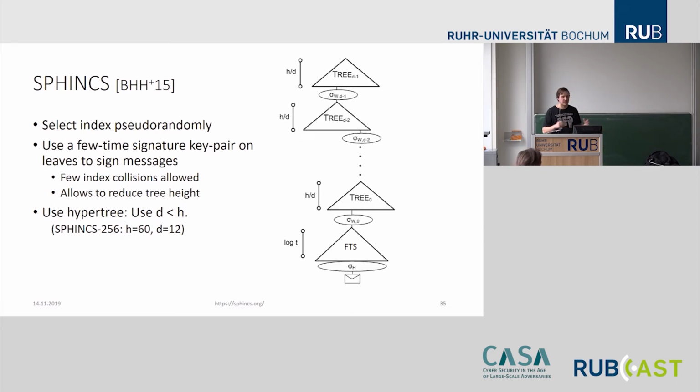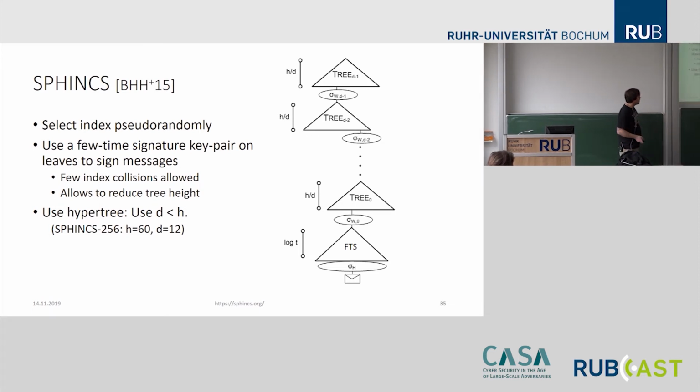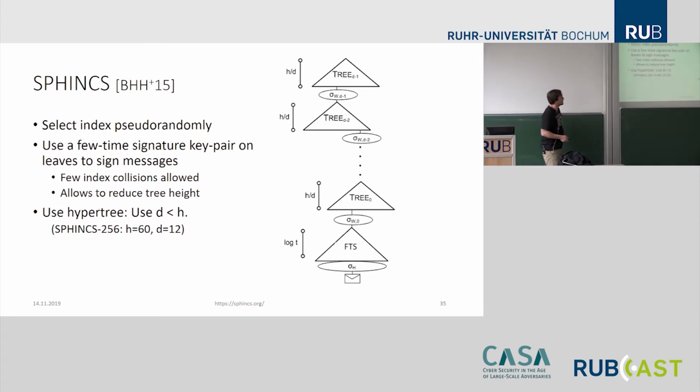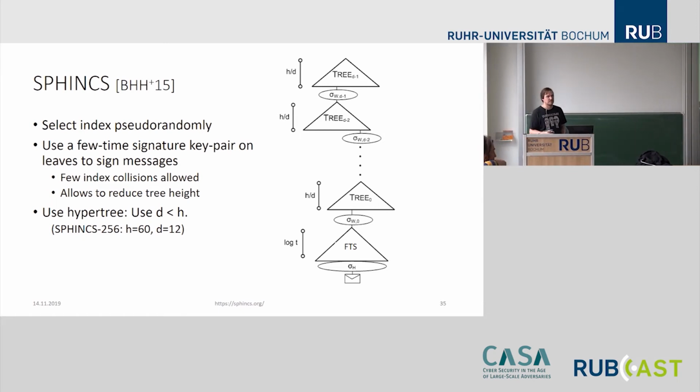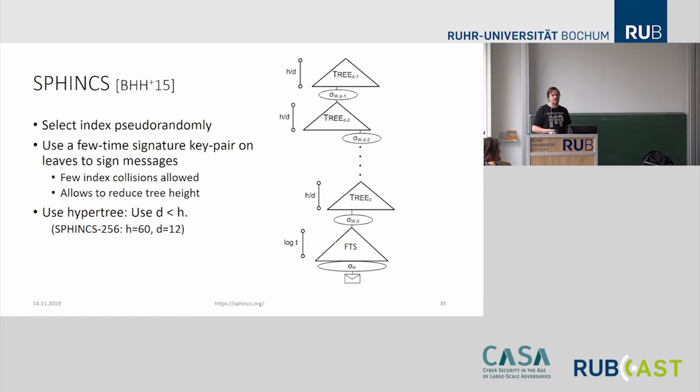If you do this, you can allow a certain number of index collisions at the bottom layer, or a certain probability. And so you can actually shrink down the tree. And so for Sphinx 256, we then use the total tree height of 60, which is roughly like a factor 5 size improvement for the tree in the exponent. So that's quite a bit, I think.